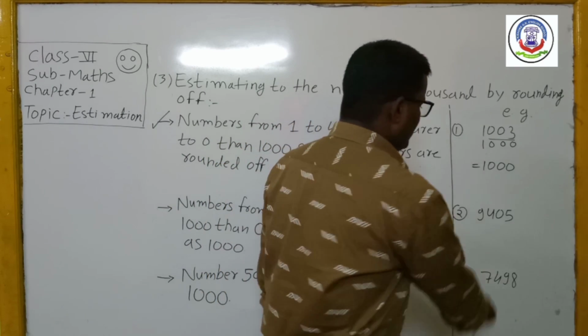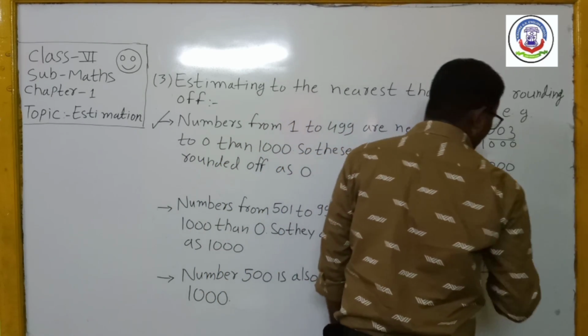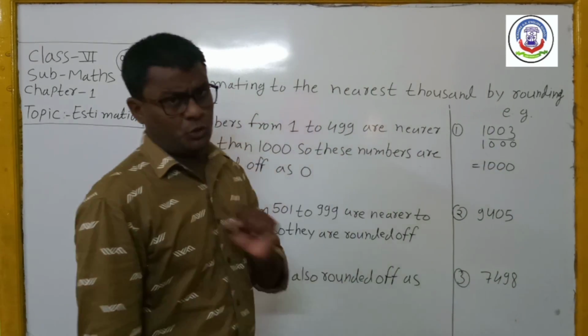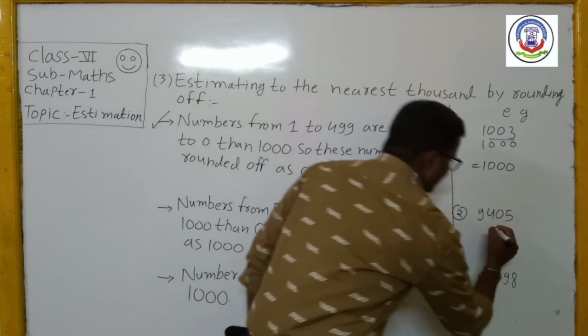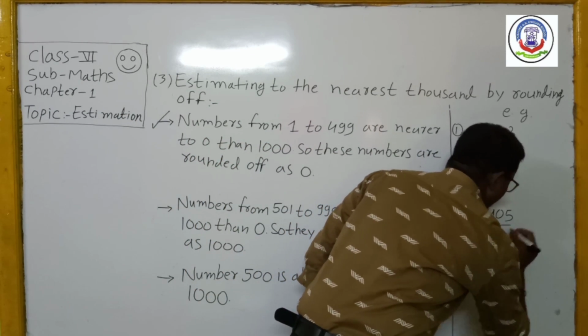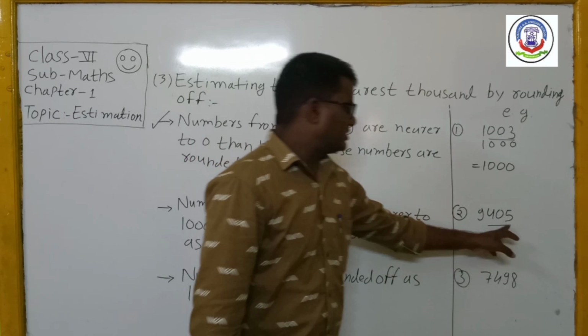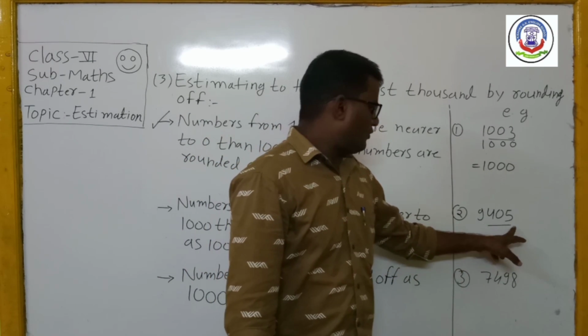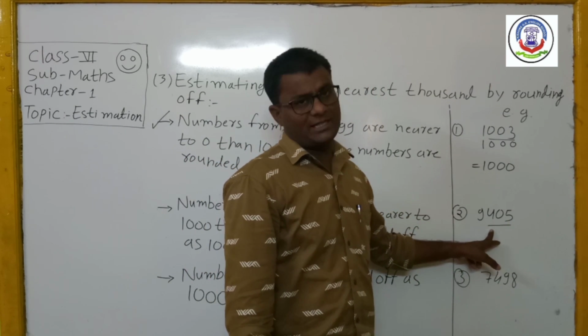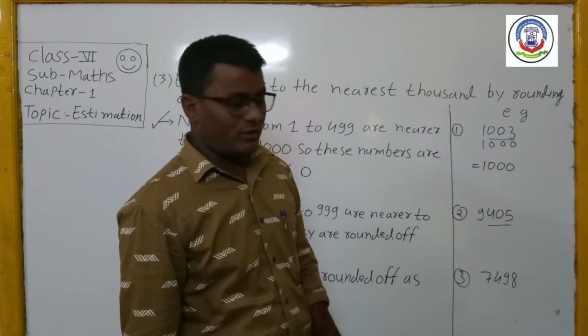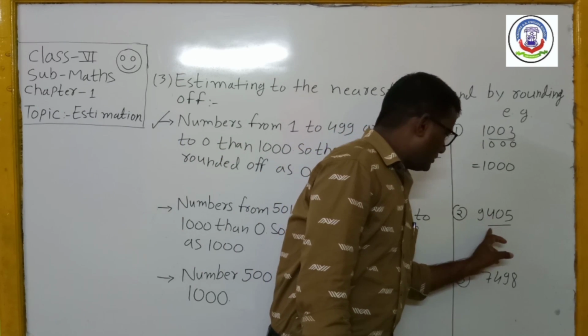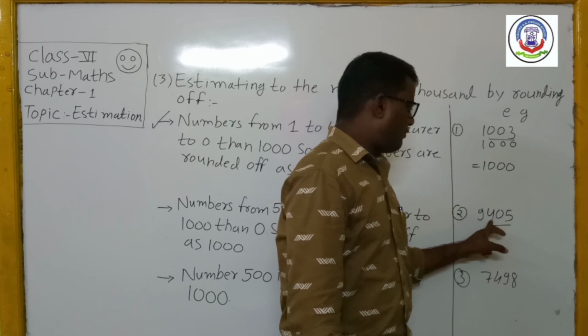Now another example. Here we are given 9405. What will we do? First, underline these 3 digits at ones, tens and hundred place. What is the number at this place? That is 405.